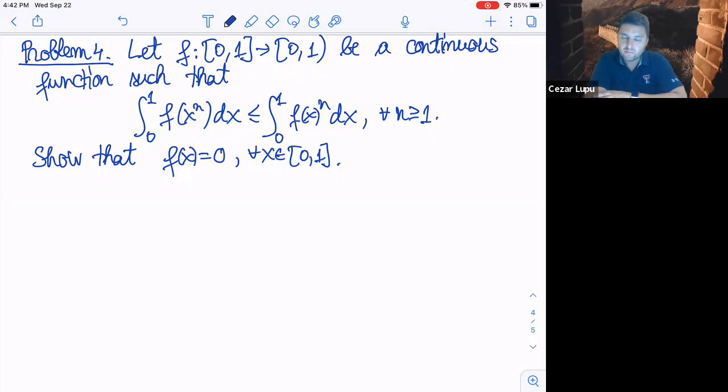So maybe we should think of something, have in mind a similar lemma, because since we're trying to prove that the function f is 0, and we know it's continuous, maybe we should invent ourselves some kind of non-negative function, which, in fact, this is non-negative already. So it's continuous. So if we prove that the integral of f is 0, then we're done. So maybe we should do that.